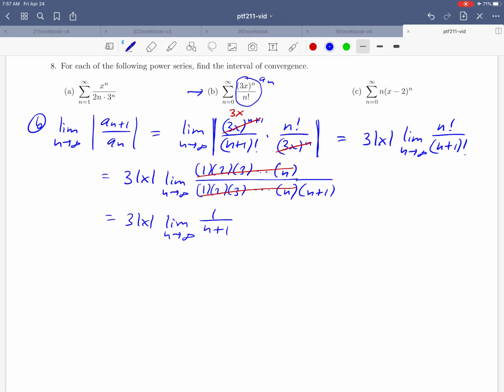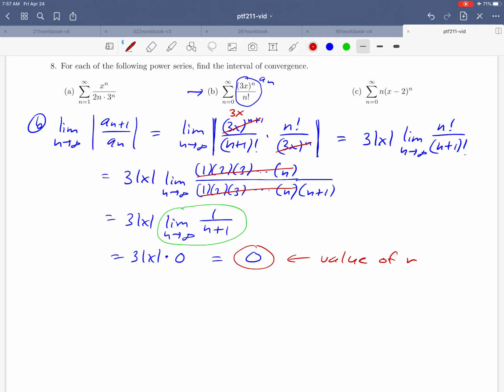But notice that the value of that limit is just 0. We've got 1 over a denominator that's getting bigger and bigger, and so we wind up with 3 times the absolute value of x times 0, and it doesn't matter what number x is. If you multiply it by 0, you're going to get 0. So there's our value of r in the ratio test.